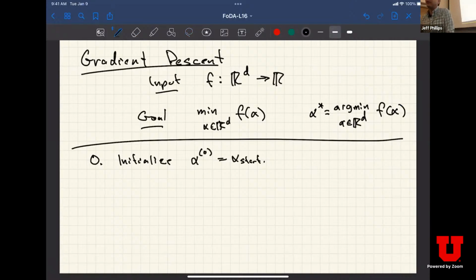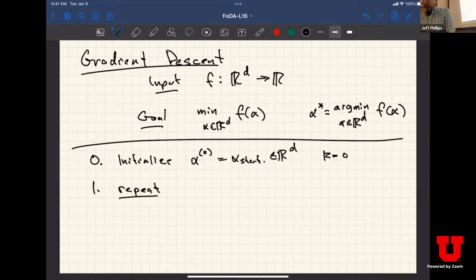So that's probably a good initial guess if you don't know anything else. This is an element of R d. Then we set some parameter k equal to 0. The superscript will be k, the number of steps I've taken so far. At the start, I've taken 0 steps.